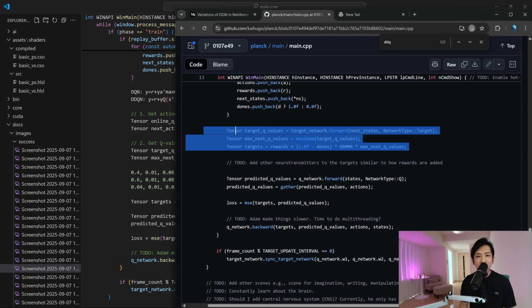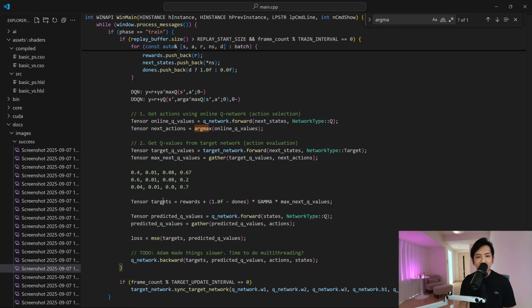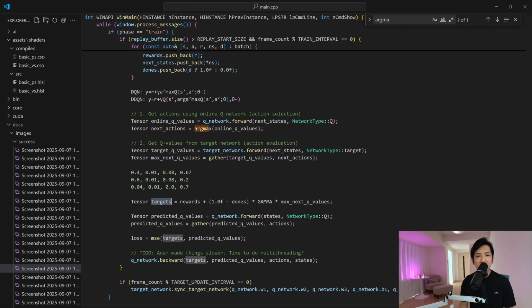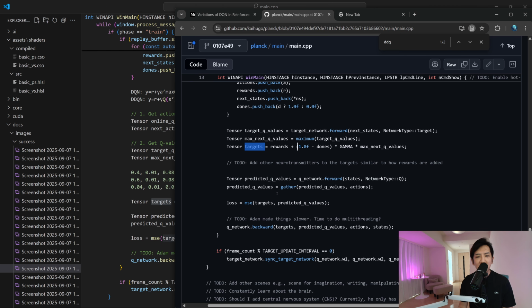So how do they differ fundamentally? The only difference is how you compute the targets. Before computing targets, you have to do extra work in DDQN. First of all, why do I need to compute targets?